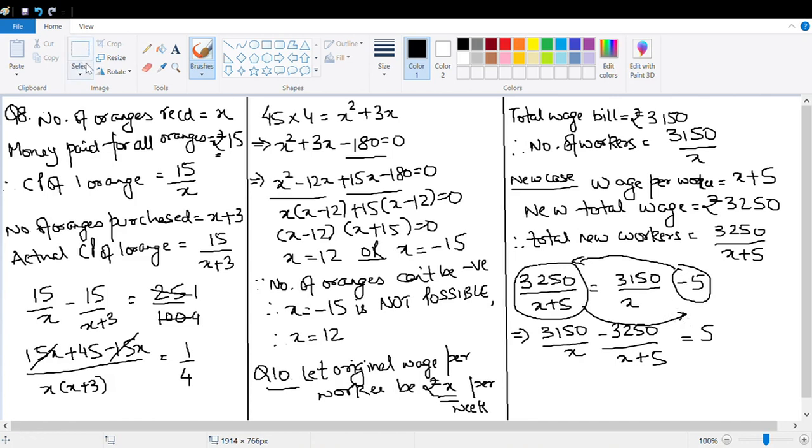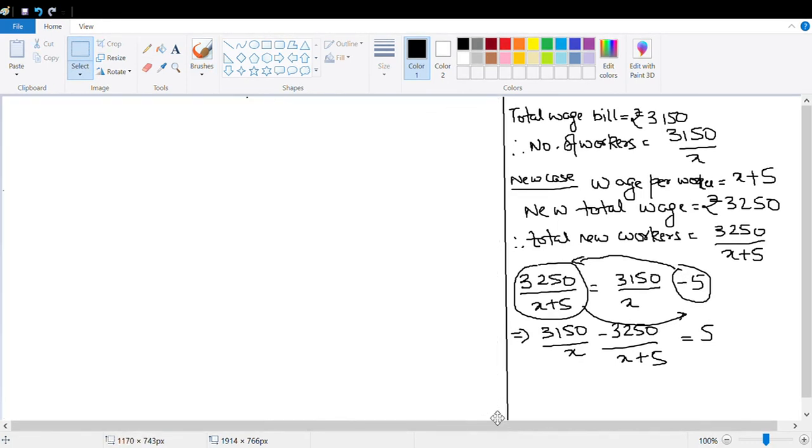Perfect. So now let's move on and see what can be done. I can't divide it by anything to make my life simple, so let's take the LCM and start working. So this is 3150x plus 3150 into 5, that's 15,750.